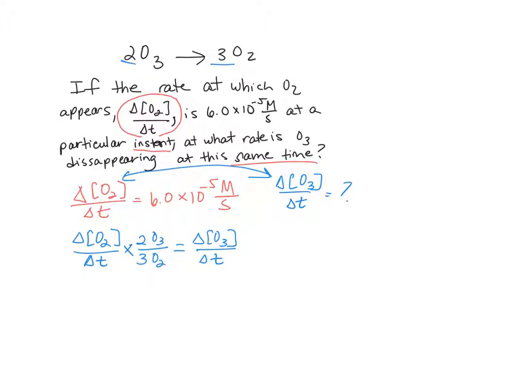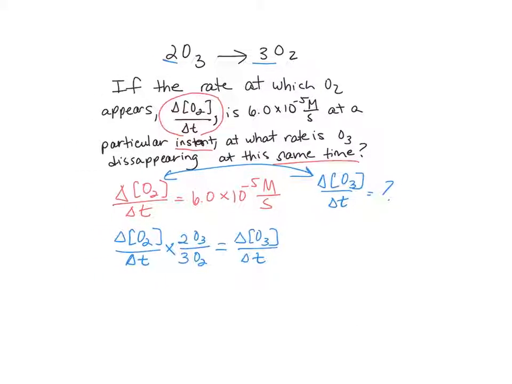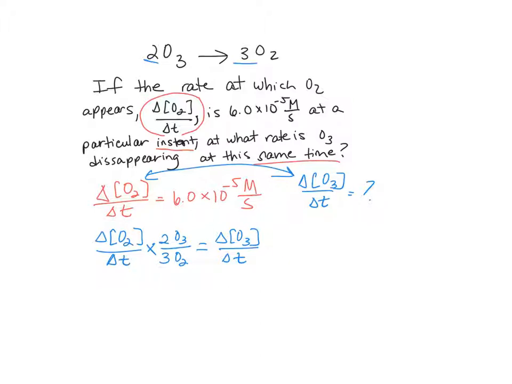Now we can substitute. We have this number right here. So for this, I'm going to put in 6.0 times 10 to the negative fifth molarity per second. So this second is my time. That takes care of that. And I'm going to multiply that by 2/3.